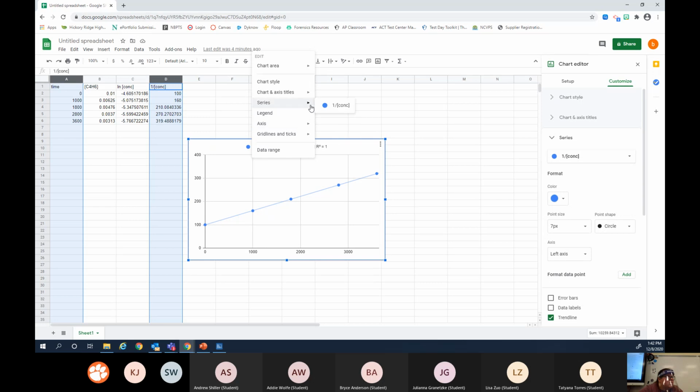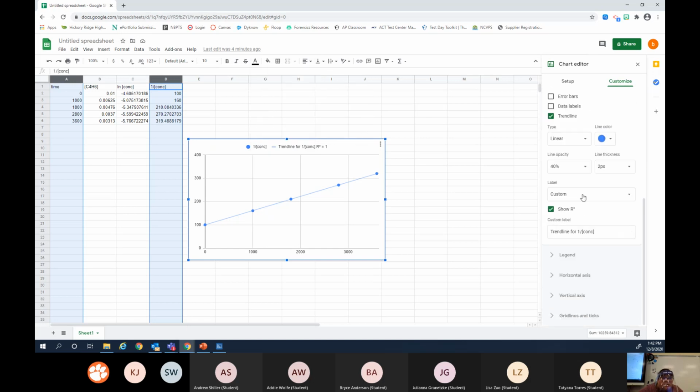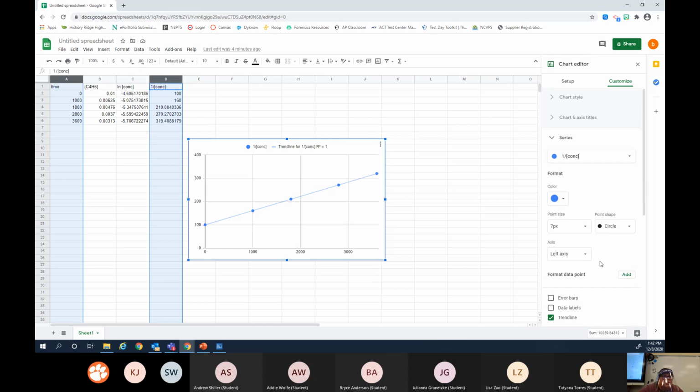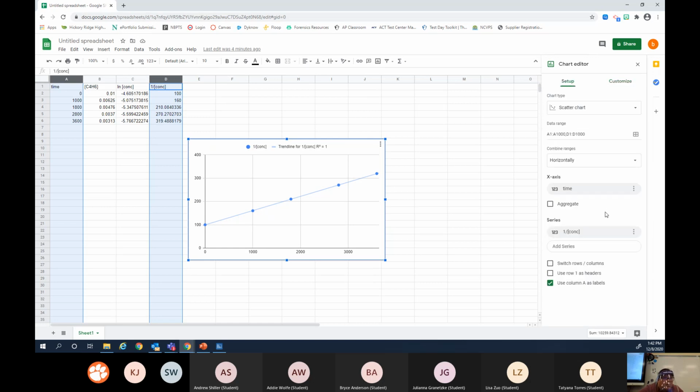Sorry guys, my brain just spazzed on how to do this. All right, hang on. I'm going to have to look up how to do it on the computer. Like I said, I just had to learn that.